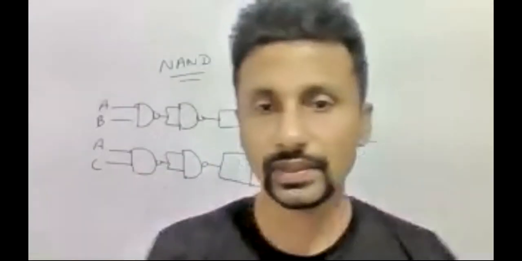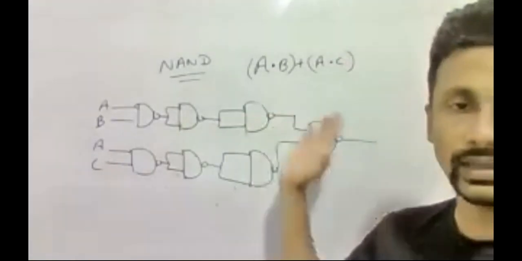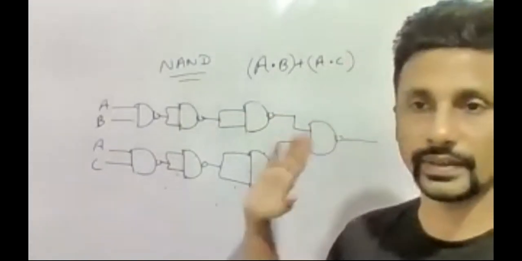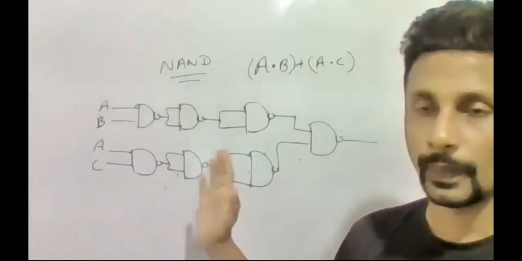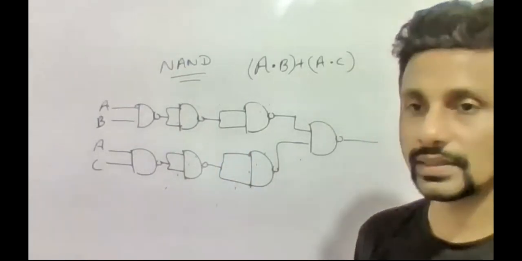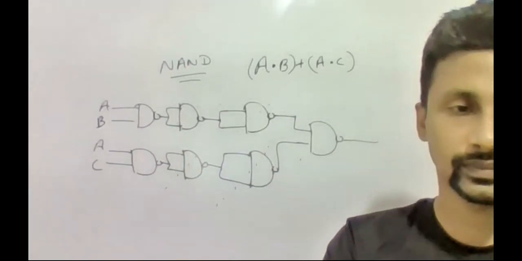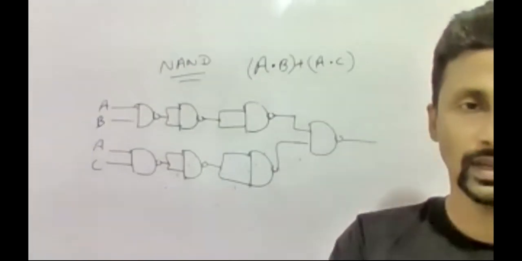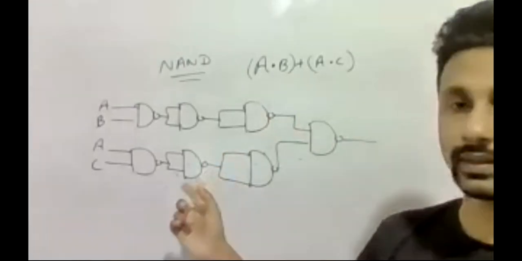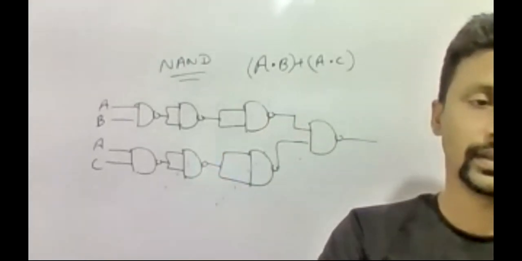Okay, take this down first. So draw all the gates. Then I will show you how to minimize the gates, right? So first you take down this whole thing. Write down the expression, then take down the circuit.